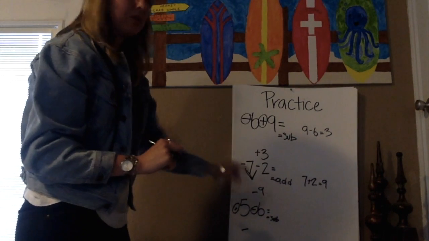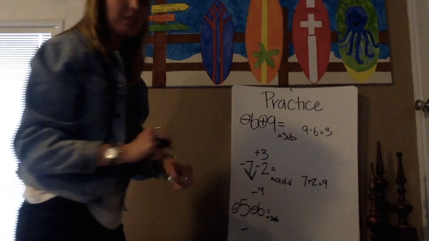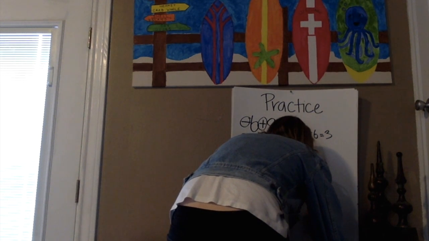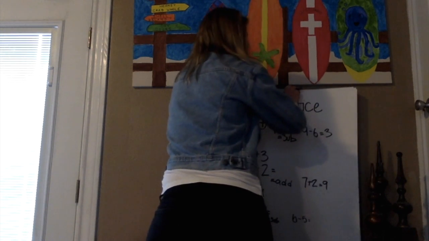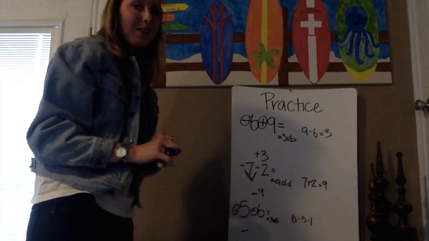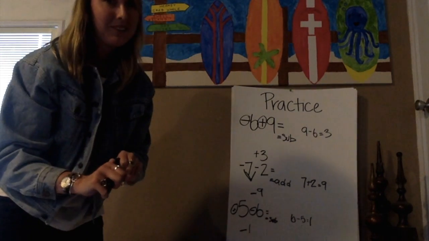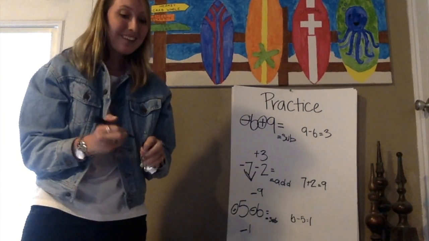And we do which number first? We do 6 first because the 6 is bigger than 5. So write 6 minus 5 is equal to, can anyone tell me what 6 minus 5 is equal to? 1, yes. So we're going to write 1. And where does the 1 go? The 1 goes in the answer. And the answer is negative 1, because the bigger number, which was 6, is negative.